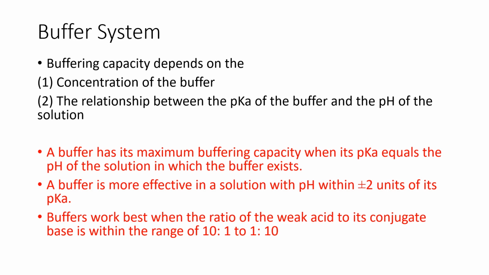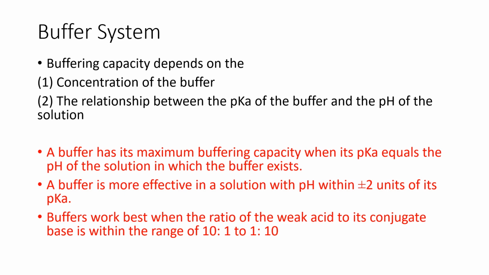The third bullet point says that buffers work best when the ratio of the weak acid to its conjugate base is within the range of 10:1 to 1:10. What this means is that it's usually very nice to have a weak acid and its conjugate base in a very close proportion.